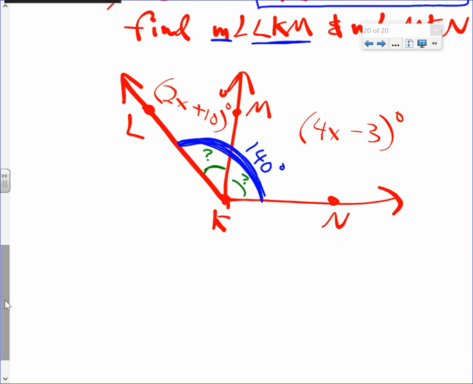Watch this. Isn't it true? Correct me if I'm wrong. Isn't it true that if I add up this angle with this angle, it's going to equal the big angle? Like, that's just simple logic. This little angle plus this little angle will equal the whole thing. I know the whole thing equals 140.